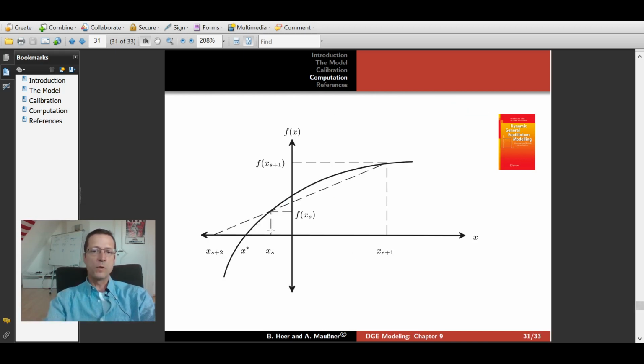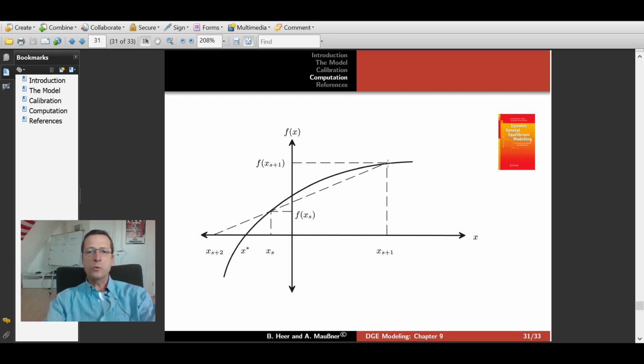So let's assume this is our first guess of A60, which in this case we call XS, and implies a first period asset level A1 at this amount, f of XS. Then we provide a second guess, XS plus 1. It implies an initial level of wealth A1 at this amount, f of XS plus 1.